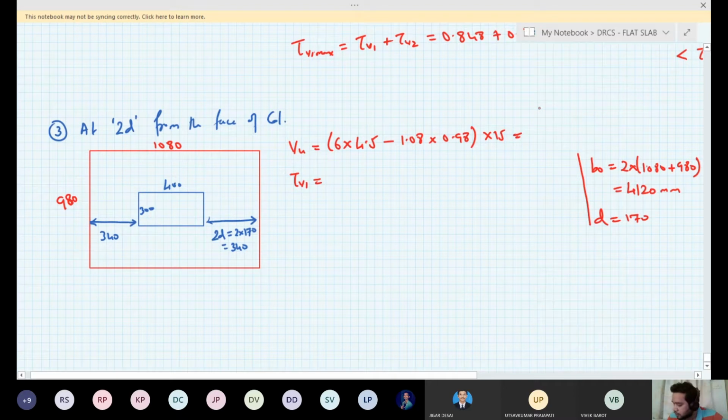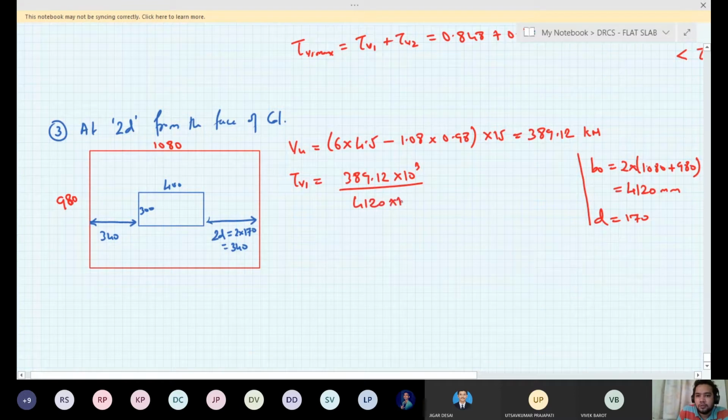The value of Vu is 6 into 4.5 minus 1.08 into 0.98 into 15, so it will be 389.12 kilonewton. So 389.12 into 10 to the power 3 divided by b0, that is 4120 into 170. So how much is this value?